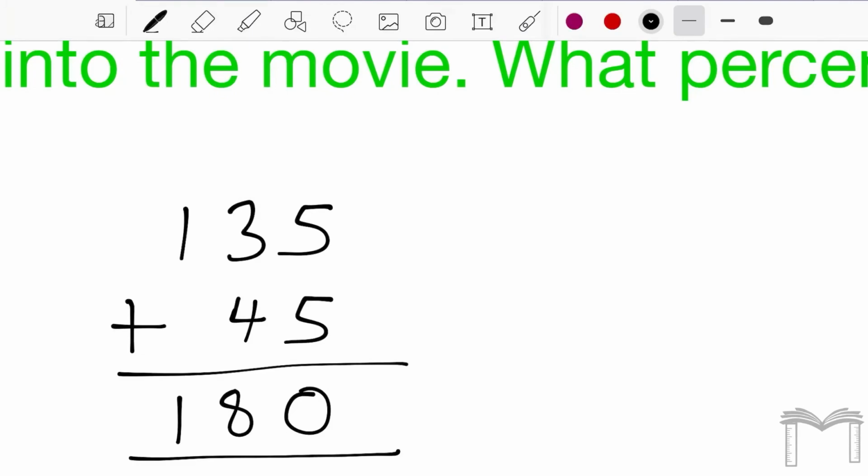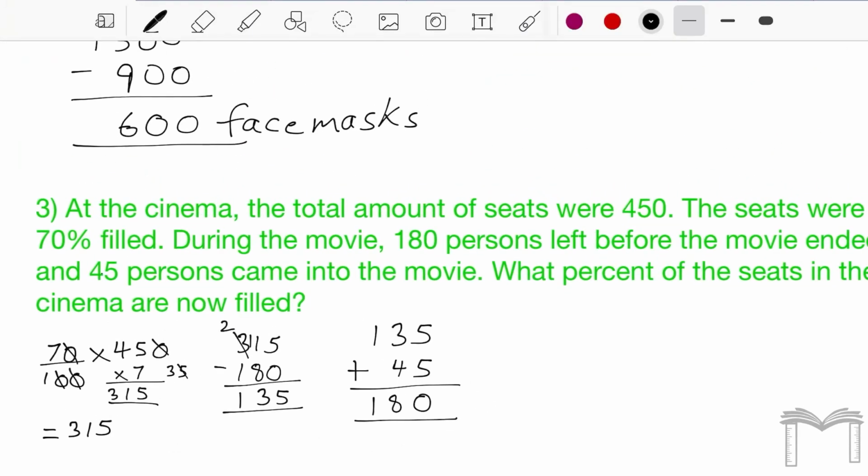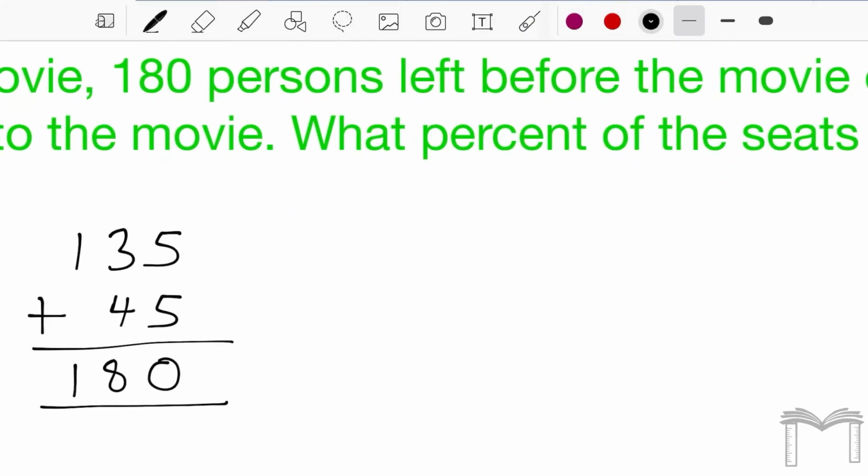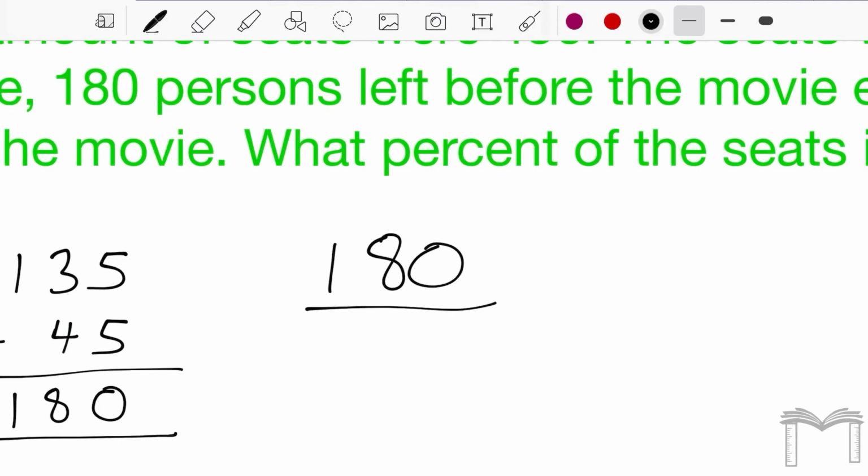Okay, so at the end of the movie we have 180 persons. What percent of the seats in the cinema are now filled? So that's 180 persons out of a total of 450.